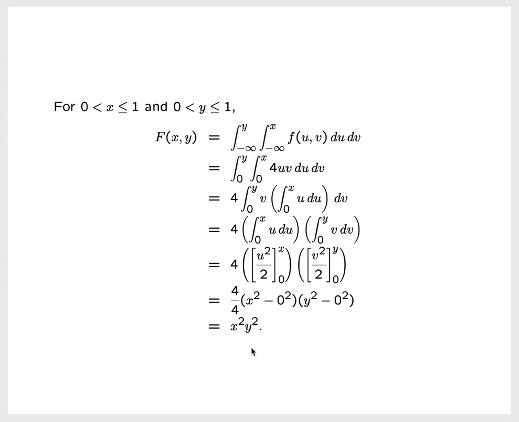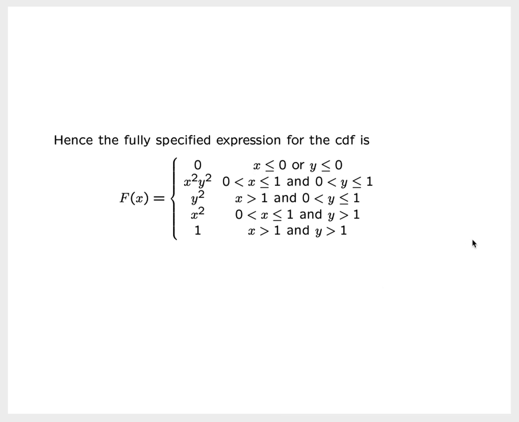When we put these results together, we have this fully specified expression for the CDF, this piecewise defined function depending upon the values of x and y. So make sure that you understand how we came up with that and that you can come up with it yourself.